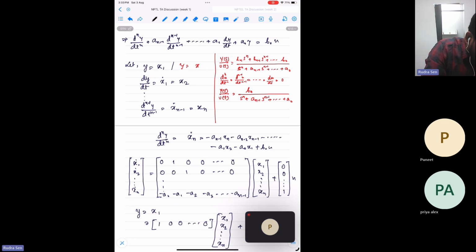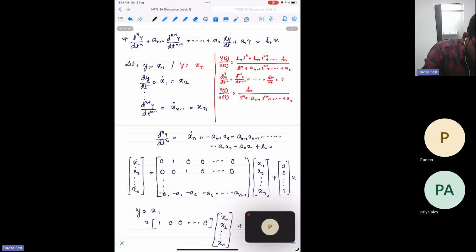let's say, xn, then y dot will become x1 instead of xn dot equals this term, you will get some kind of x1 dot equals this kind of term. It is based on your calculation, how you choose the output and how you get all the values.